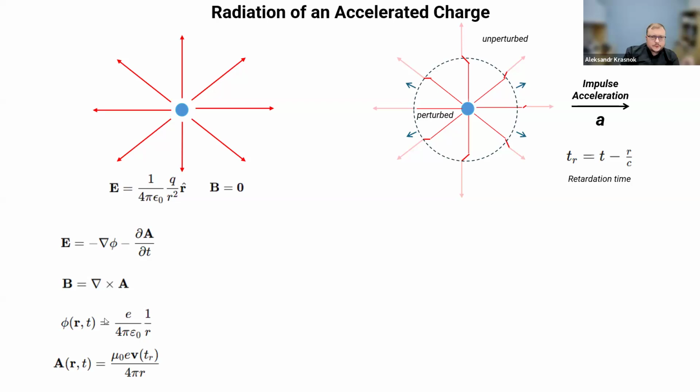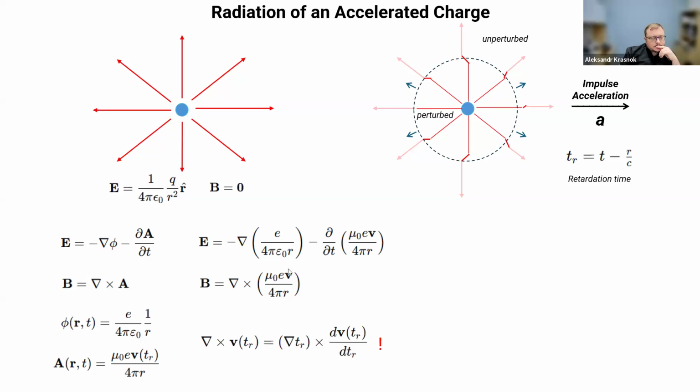Right, we use the solutions for the potentials, of the scalar potential and vector potential. The vector potential depends on the velocity of the charge, but at the retardation time, which is important because if you substitute these potentials to the field definitions, we get these expressions here.